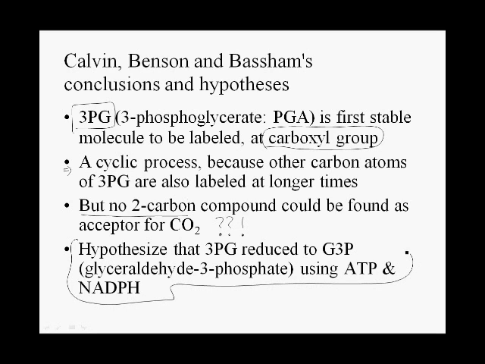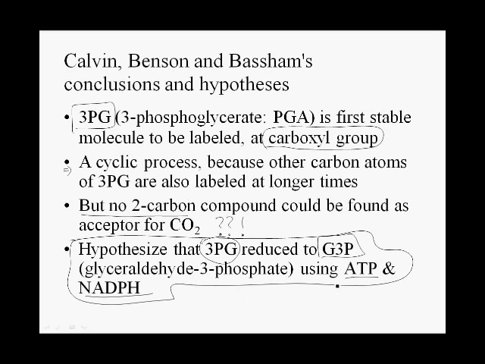Now, being good biochemists, they hypothesized that this 3-carbon sugar, 3-phosphoglycerate, would be reduced by the products of light reactions, ATP and NADPH, to another 3-carbon sugar called glyceraldehyde 3-phosphate.